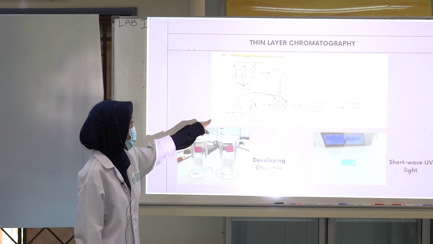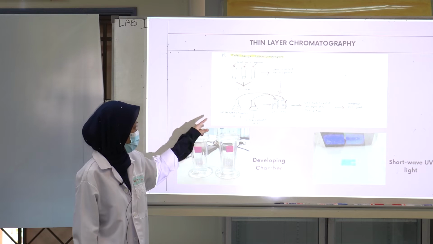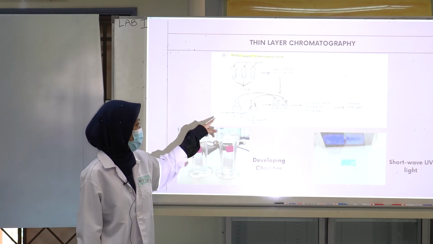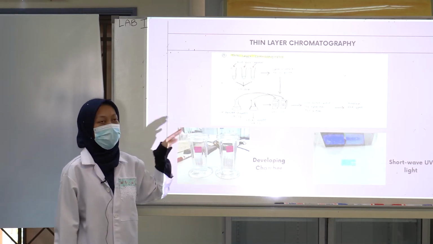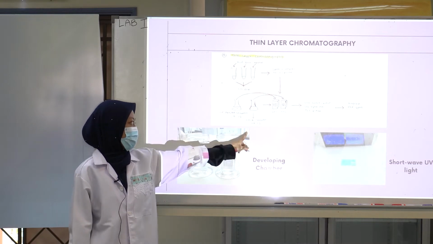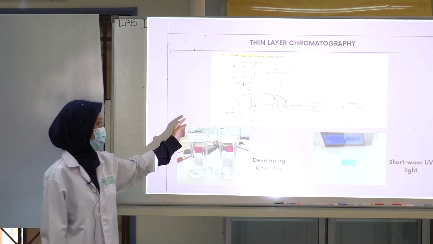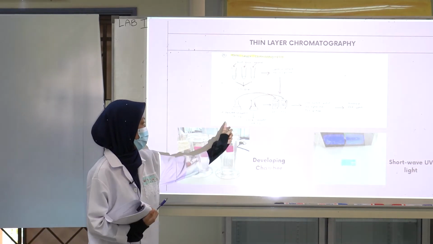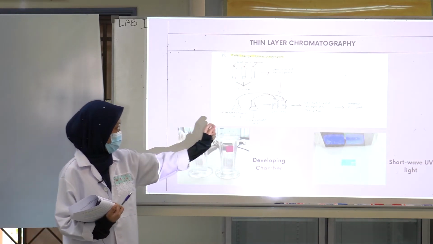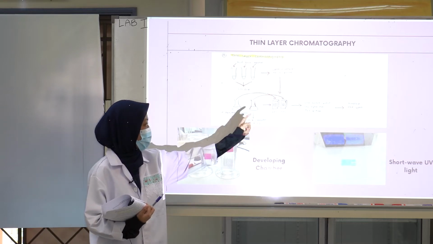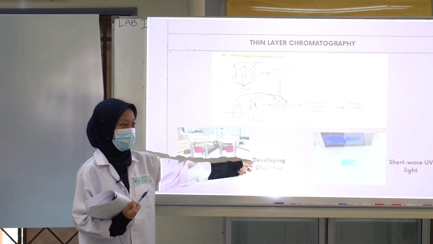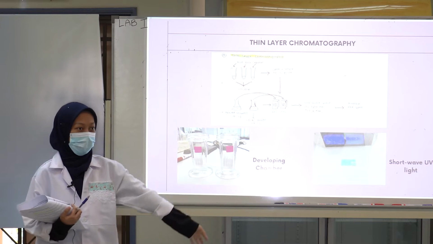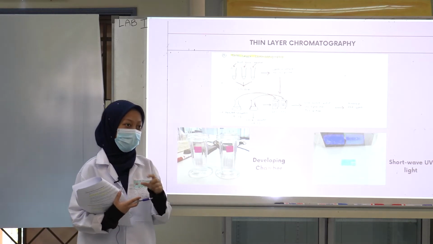On the other hand, we also prepare 2 flasks: flask A, 10 milliliter of hexane plus ethanol, and flask B, 10 milliliter of DCM plus hexane. But we put only 5 milliliter into the developing chamber because the developing chamber is quite small.